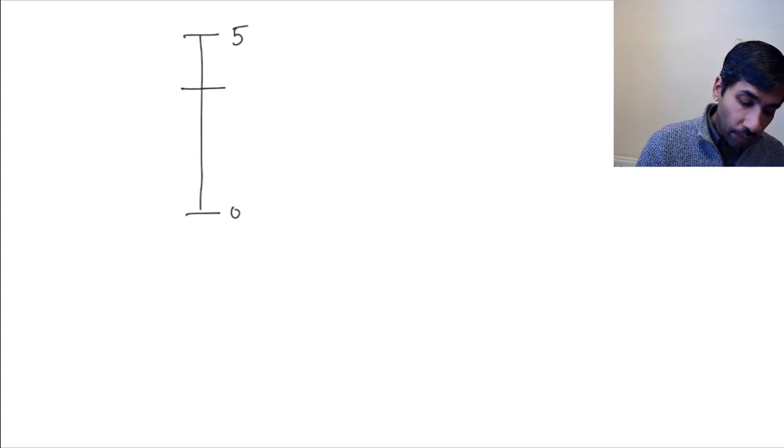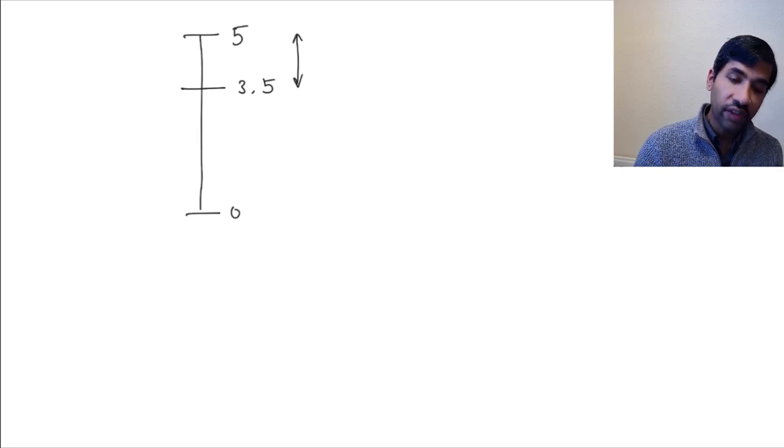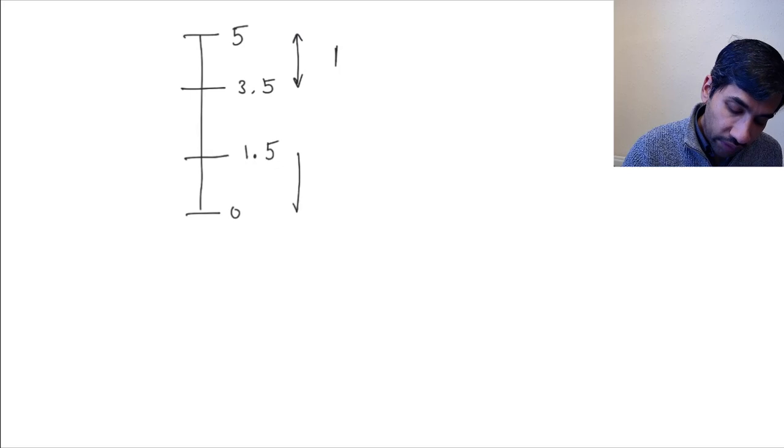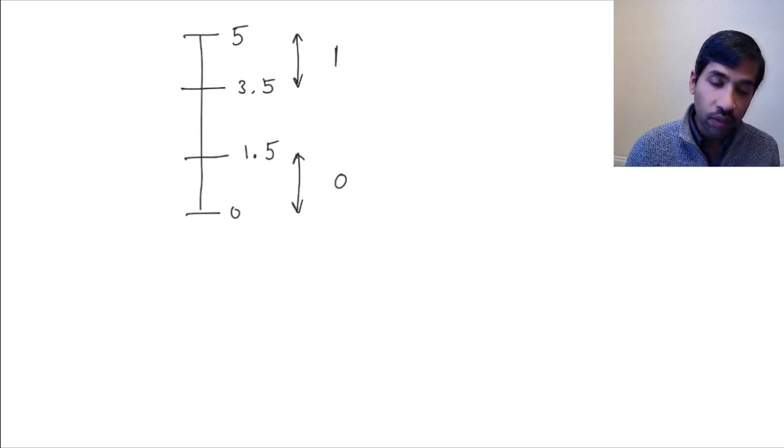Any voltage in the range 3.5 to 5 volts, I'm going to consider it to be a 1. And any voltage between 1.5 and 0, in this range, I'm going to consider it to be a 0.